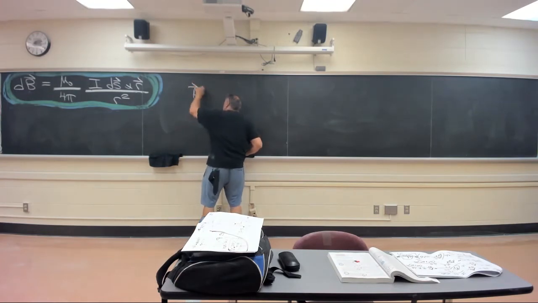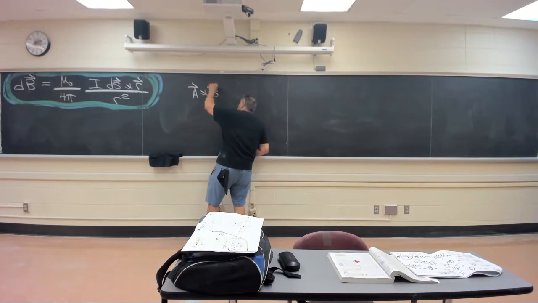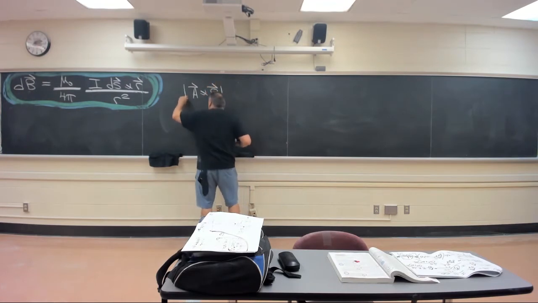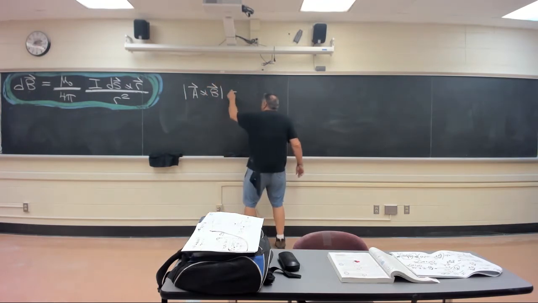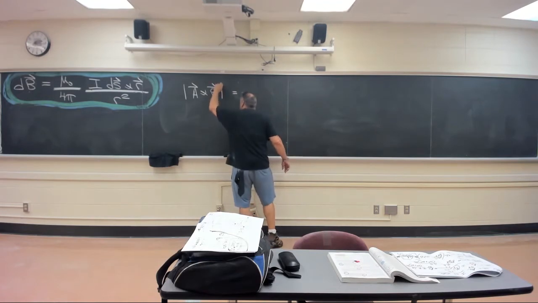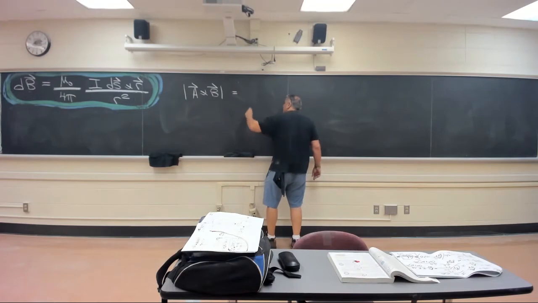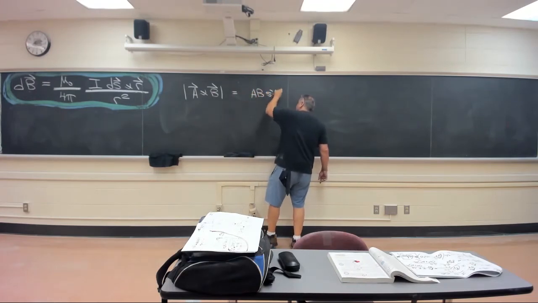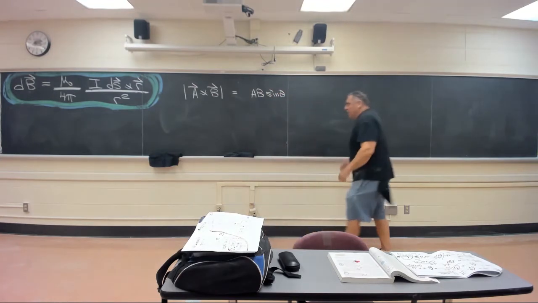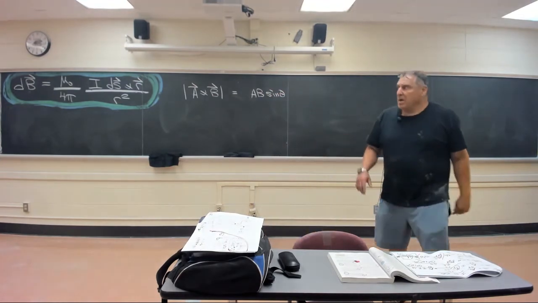If we talk about the magnitude of A vector cross B vector, sometimes written with two lines like that, the magnitude is the magnitude of A times the magnitude of B times the sine of the angle between them, and everything obeys the right-hand rule.